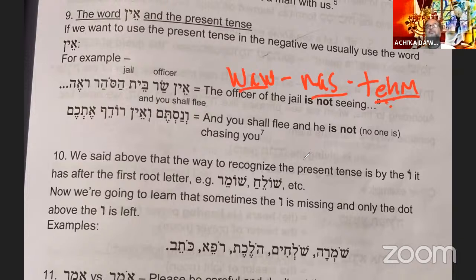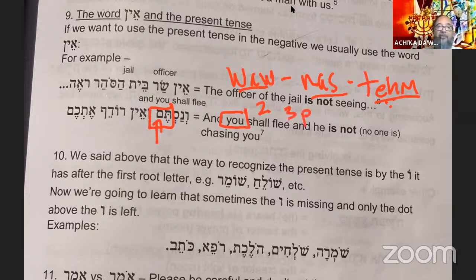And of course, you know that the -tim on the end tells us something about it, right? It tells us that it's plural. They're not going to show it to you right here in this sentence, because they might say, "and you shall flee." Well, who's you? You think it's talking about you, the second person? No, it's going to be talking about a third person plural.